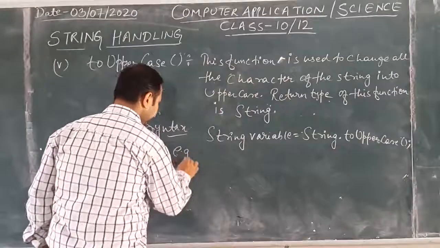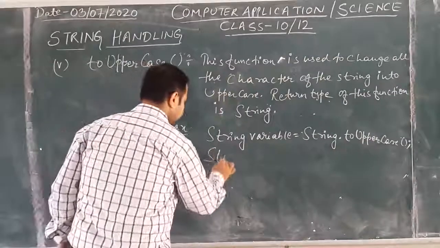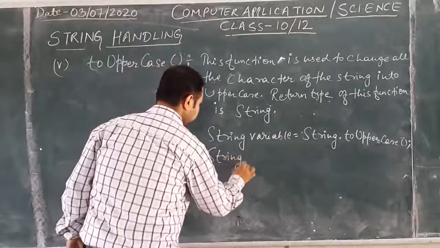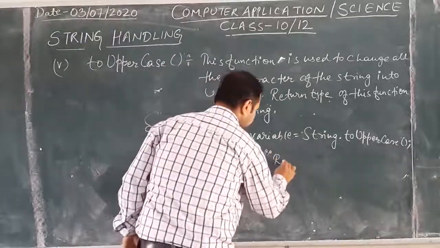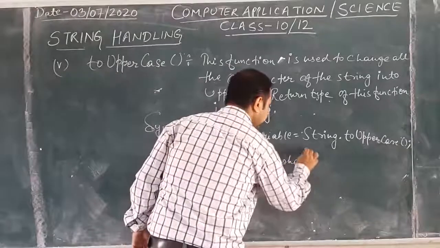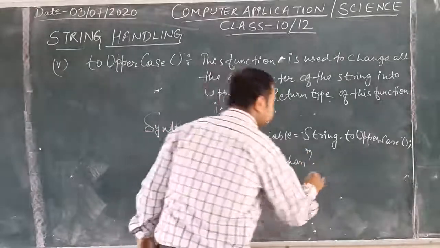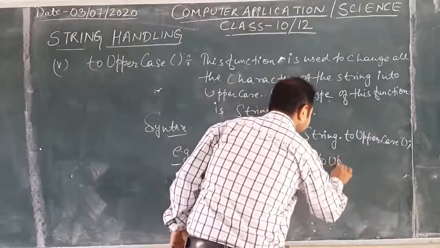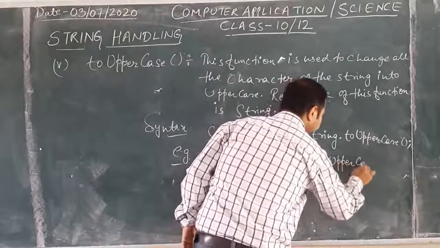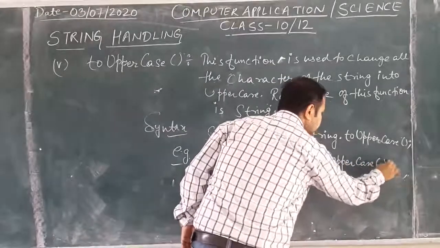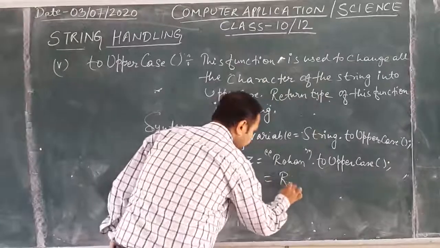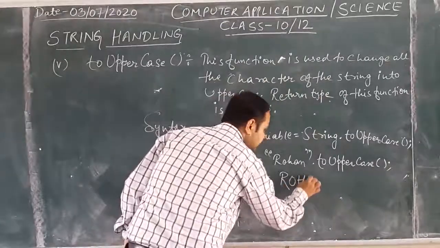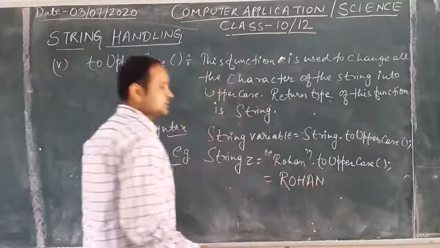For example, string z equals to, I take Rohan dot toUpperCase. So what will happen here, this Rohan will be changed into capital letters, so it becomes ROHAN in uppercase.